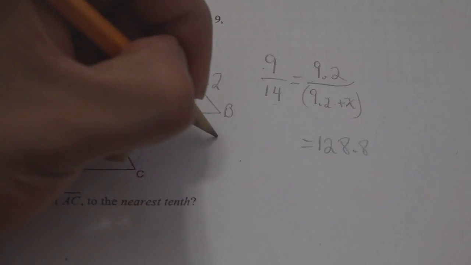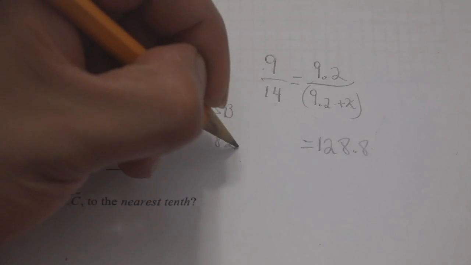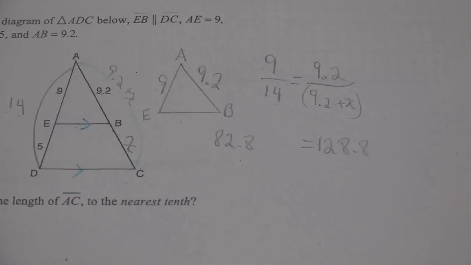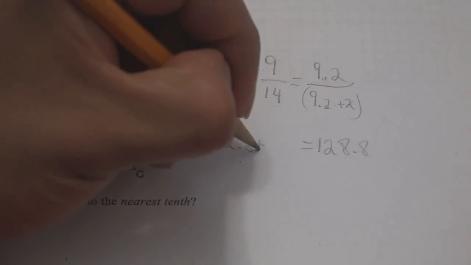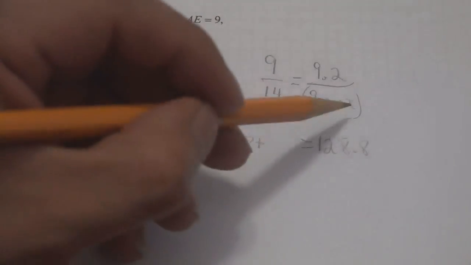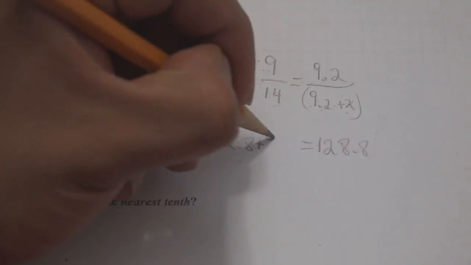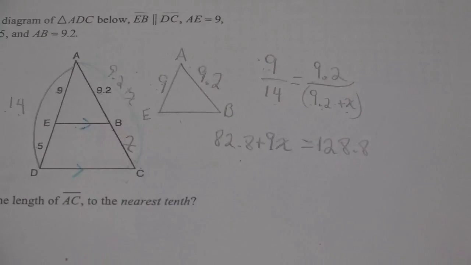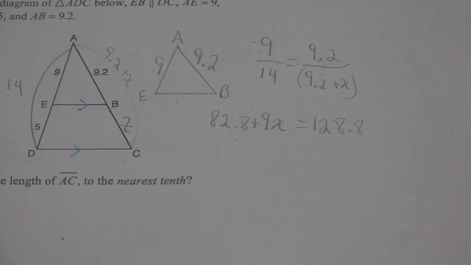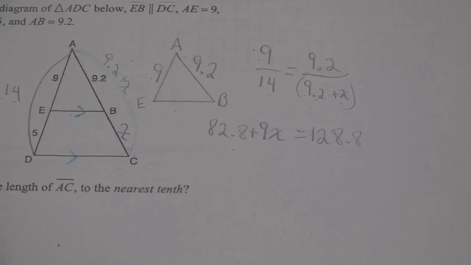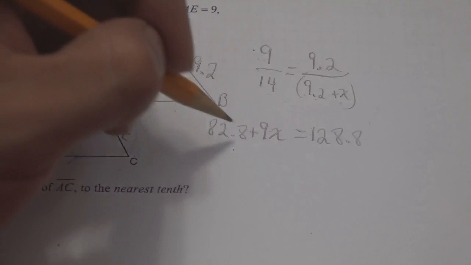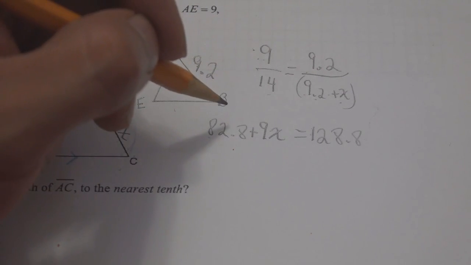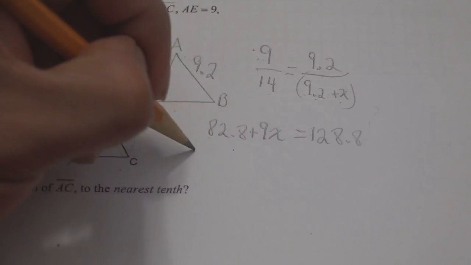That is 82.8 plus, okay, that was 9.2 times 9. Now I gotta do X times 9, plus 9X. See that? Now I'm gonna solve for X. So I'm gonna subtract 82.8 from both sides.